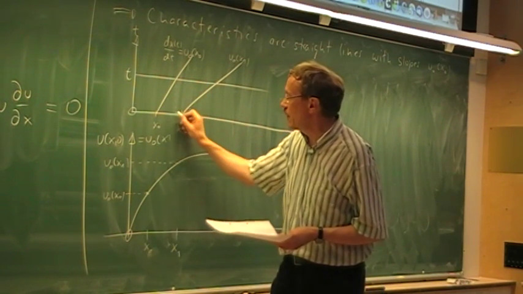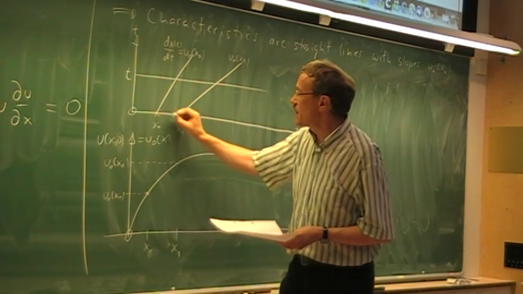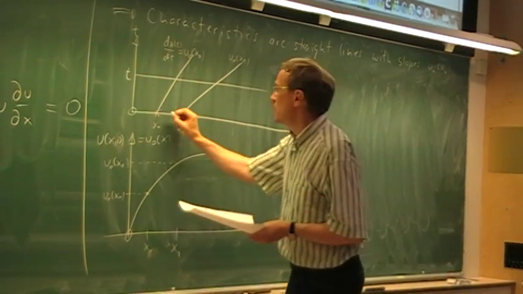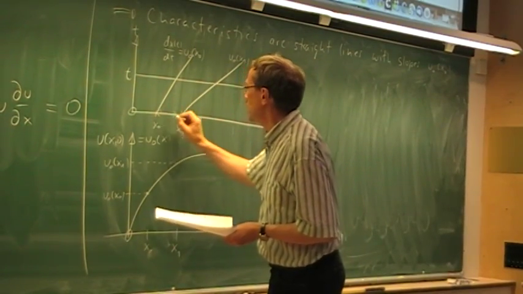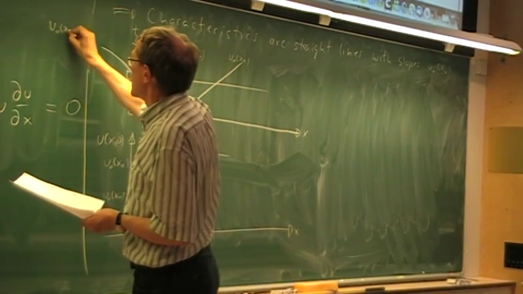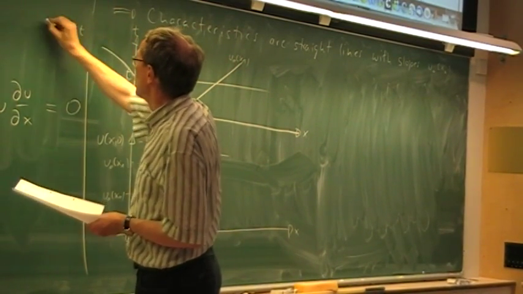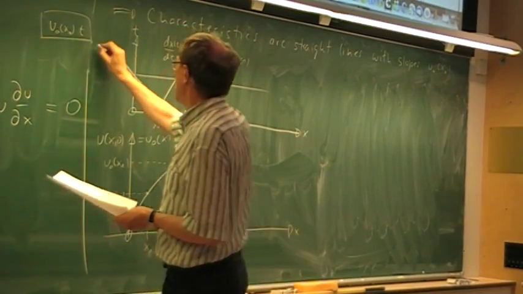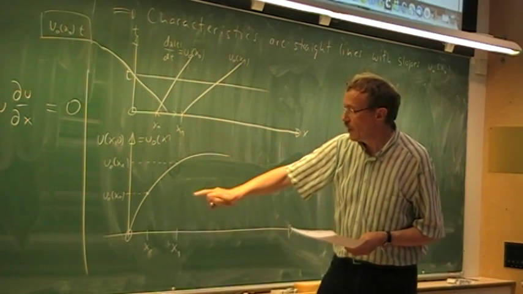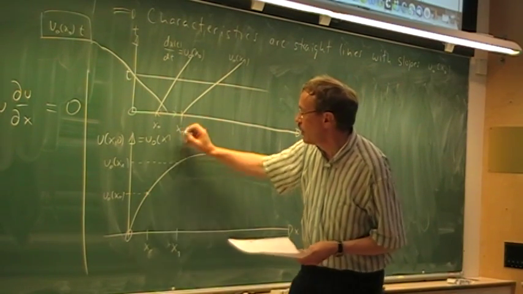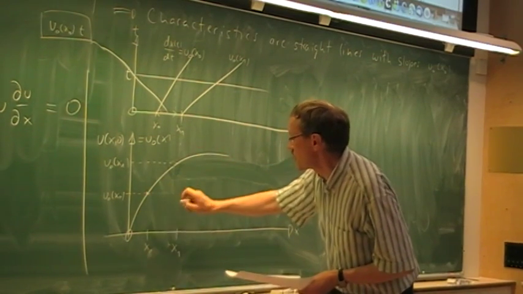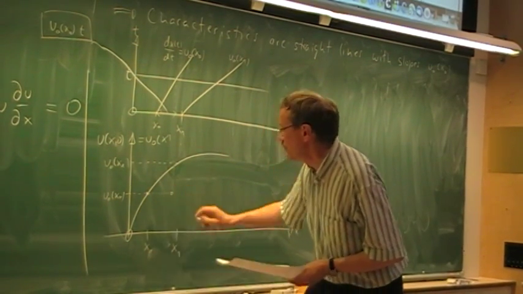This distance is the velocity that we have in this point, that is the u0 of x0 times t. That will be the distance traveled in this interval. And that means the solution will be here.